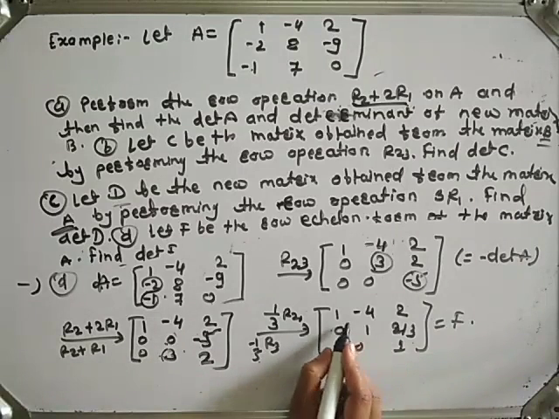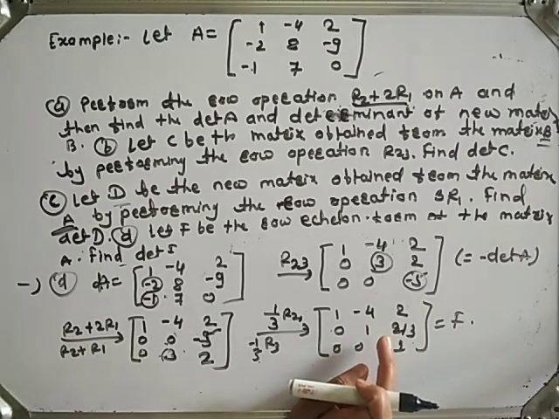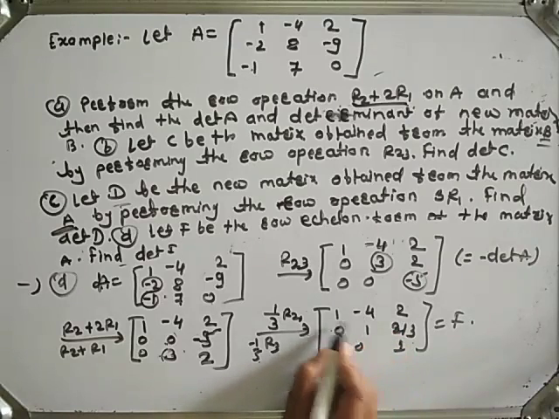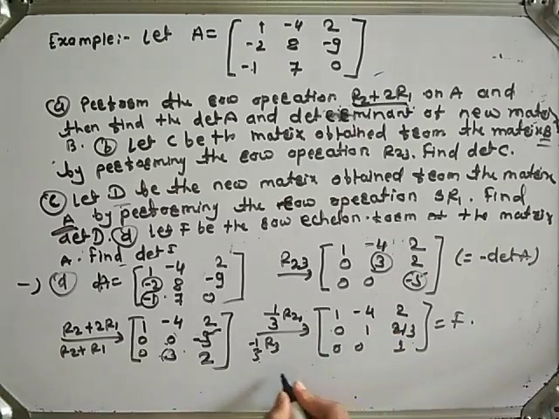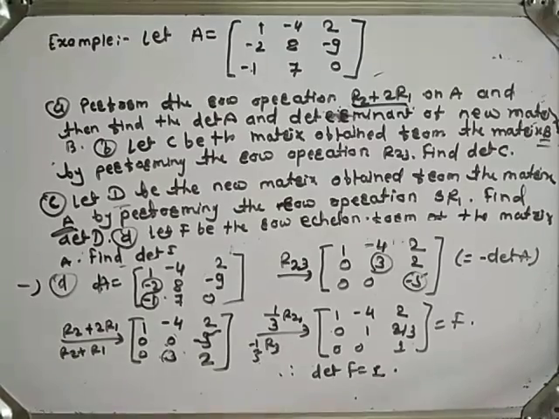Students, see here, this is an upper triangular matrix, and we have seen a theorem that the determinant of a triangular matrix is just the product of the diagonal entries. So determinant of F equals 1.